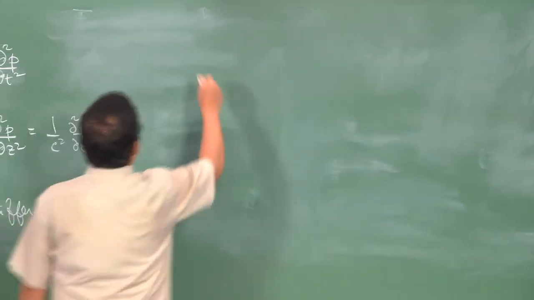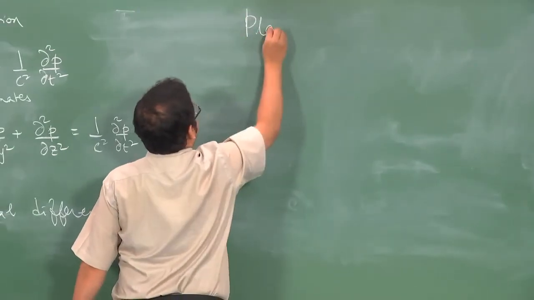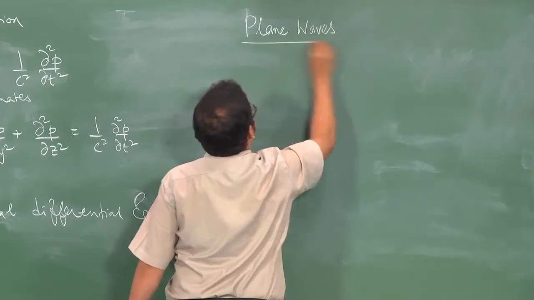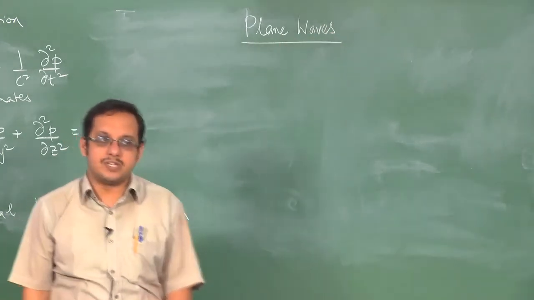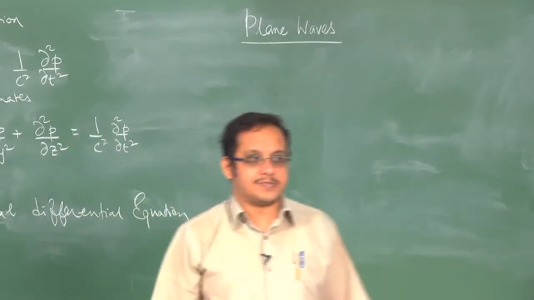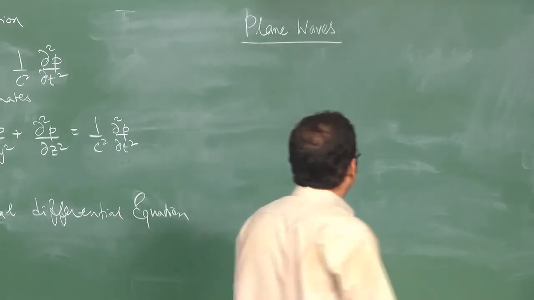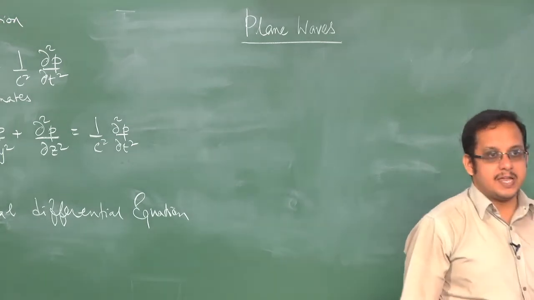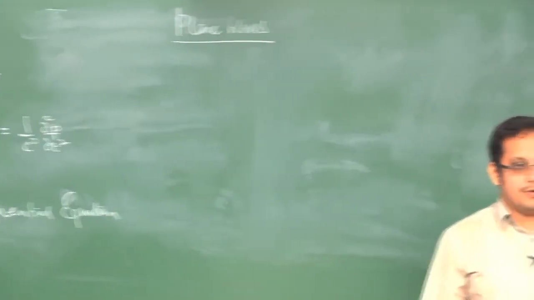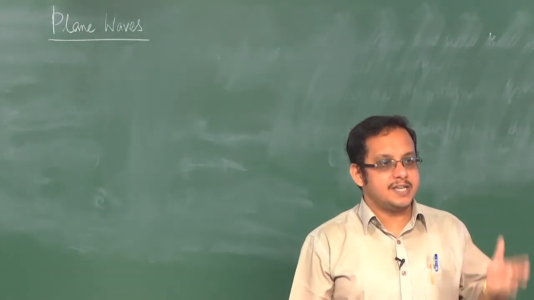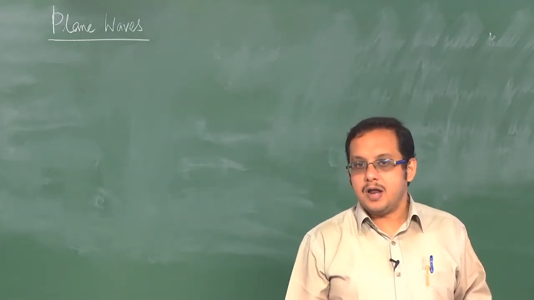What we will do now is spend some time understanding a very special case of this equation, which are called plane waves, right. As the name implies, plane waves means that there are no variations in a plane, all quantities in a plane are constant.